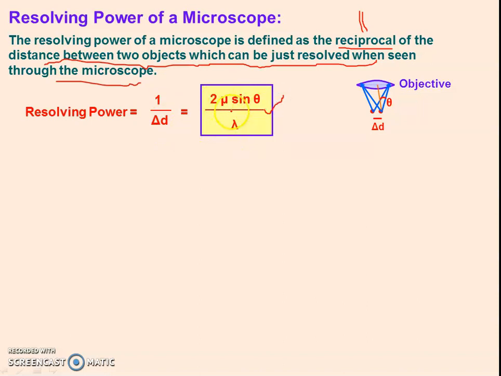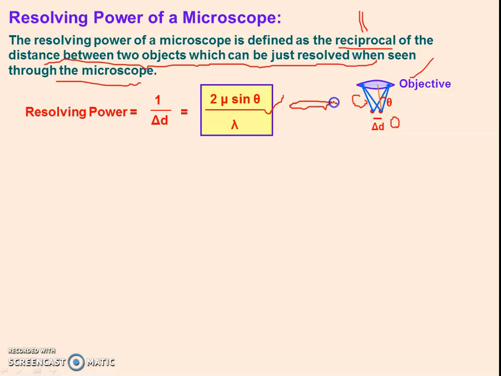Now what is mu? Mu is the refractive index of the medium between the object and the objective lens of the microscope. This is the distance between object and objective lens, right? Now what is theta? Theta is the semi-vertical angle.